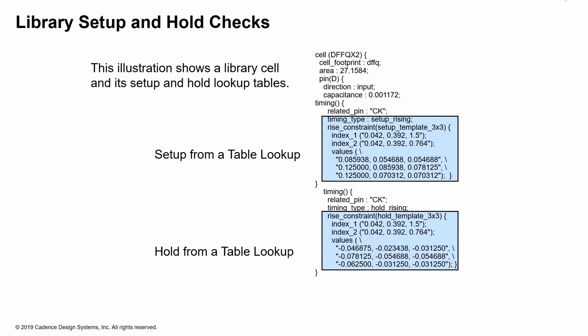The setup is shown as a positive value, and you have to meet that setup check provided by that value for those load and skews. And for the hold, the values are shown as a negative value, and both of these have to be met for this particular flop to safely save the data into the flop.